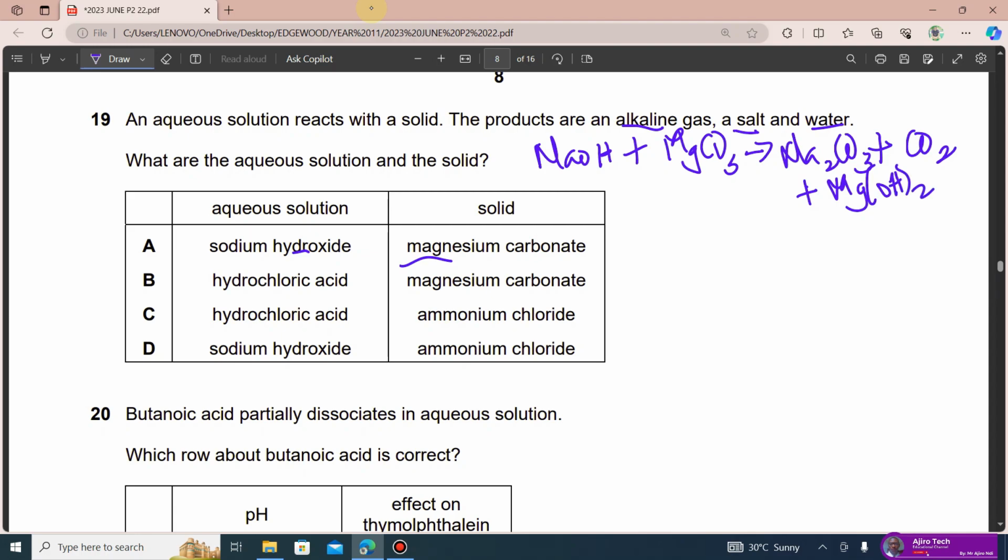So just by writing the chemical equations, you'll be able to predict what will likely occur. But the question is talking about an alkaline gas, a salt, and water. In this case, there is no water produced, so this is off.